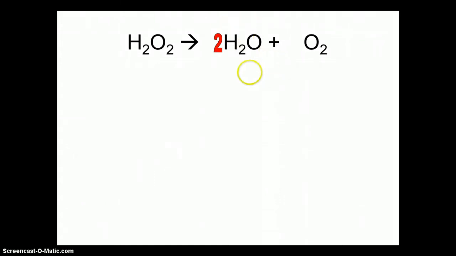So I'm going to change this one from the beginning here. Now I have 2 oxygens here because I have 2 water molecules and 2 over here. So that's 4 total on this side. So I need to add a coefficient over here to make 4 oxygens on this side. So I've got 2 times 2 is 4 oxygens. Now let's look at the hydrogens. 2 times 2 is 4 hydrogens. 2 times 2 is 4 hydrogens. So those are good.